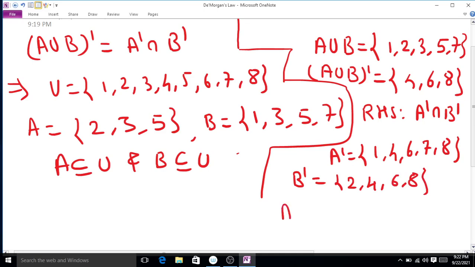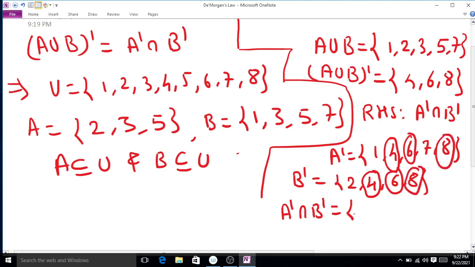So A complement intersection B complement is equal to, now you can observe the element 4, element 6 and element 8 are present in set A complement and B complement. So A complement intersection B complement is {4, 6, 8}.